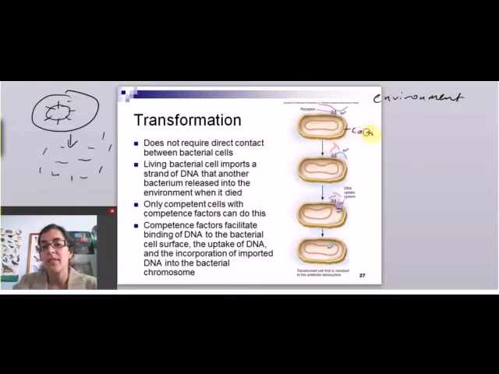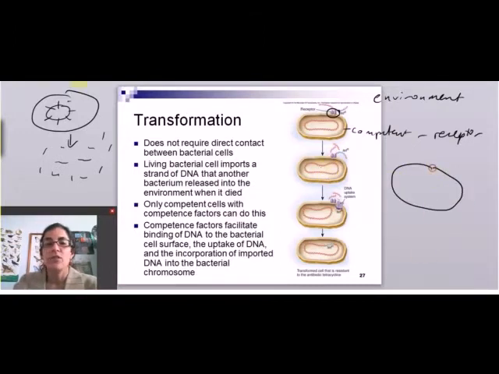So this is a competent cell. What that means is that it has a receptor for pieces of DNA. So because this is a competent cell, it has this receptor, and it can pick up a piece of DNA in the environment. So these receptors will take that piece of DNA and bring a strand of it into the cell.